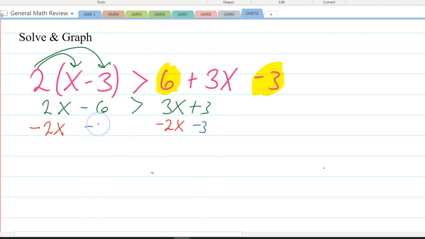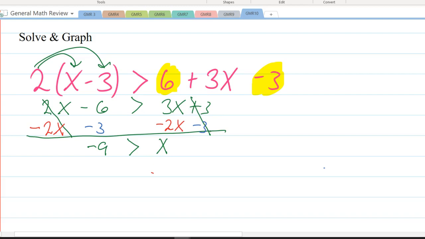Subtract 3 and subtract 3. When I simplify this, the 2x's cancel out. Negative 6 and negative 3 gives me negative 9. My inequality has not changed. 3x take away 2x gives me 1x. And 3 take away 3 cancels out.